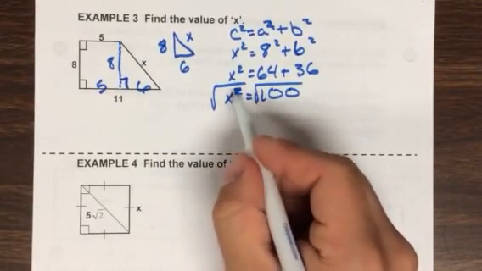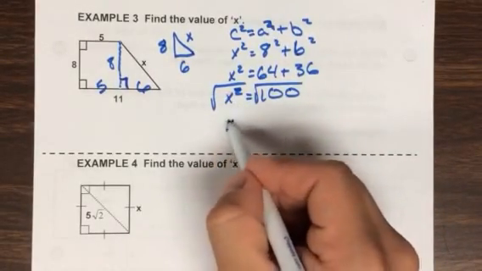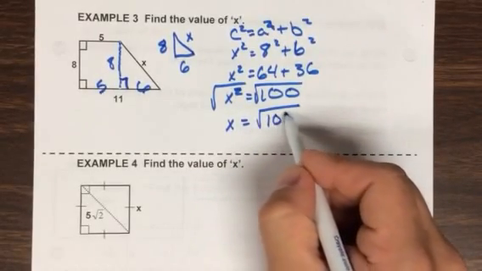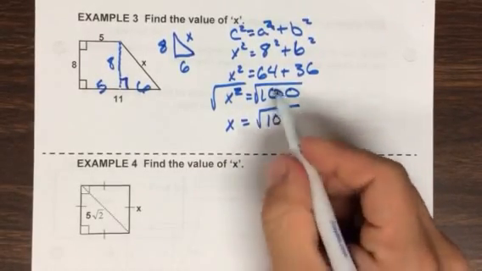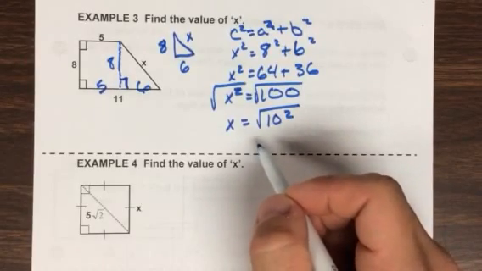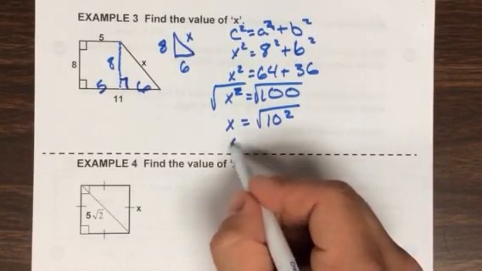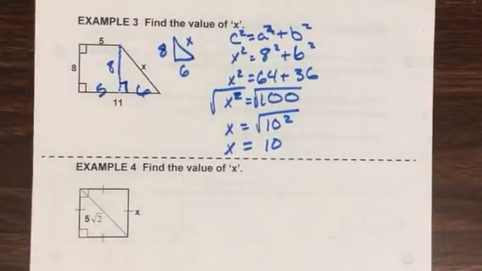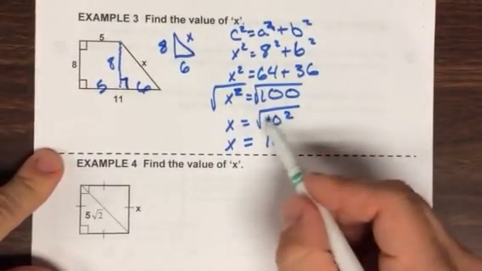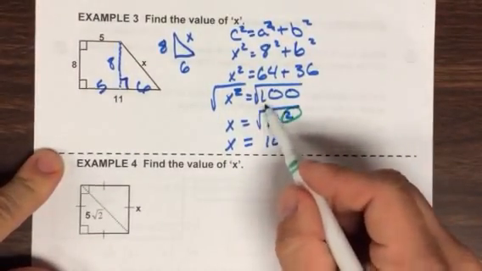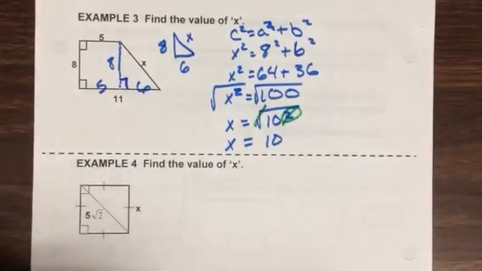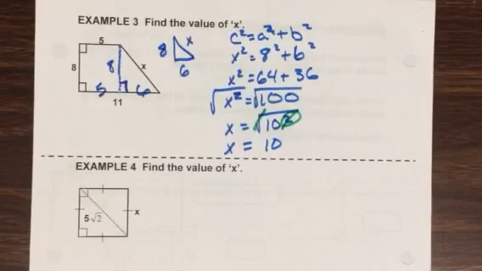We'll say that the square and square root cancel, so x equals the square root of 10 squared. 10 times 10 is 100, so I haven't changed anything. All I've done is make it easier on myself to say x equals 10, because anytime we're doing this, the square and the square root cancel each other out. So that makes it real easy. We're just left with 10.